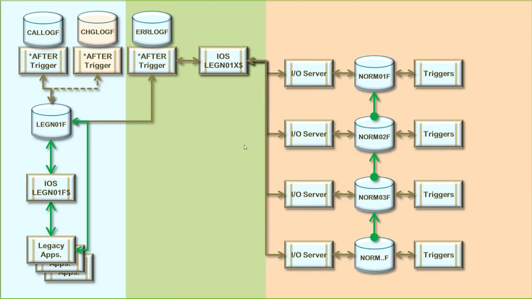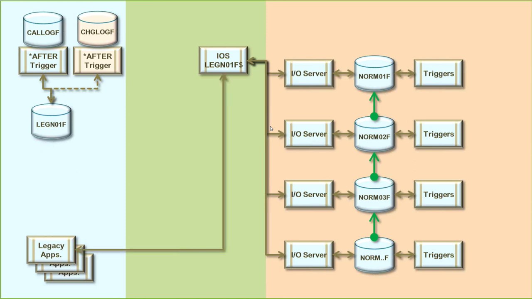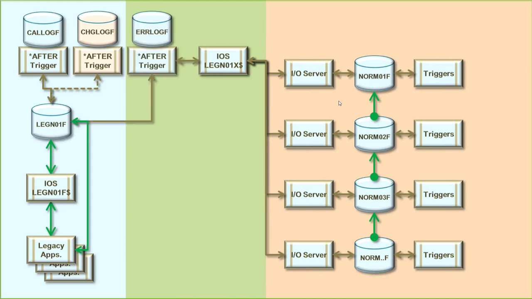Right. The next step is to get rid of the after trigger, get rid of the link to that legacy, and notice something here. I'm going to go back because I forgot to point it out. This one was named N01X and has been all the time.